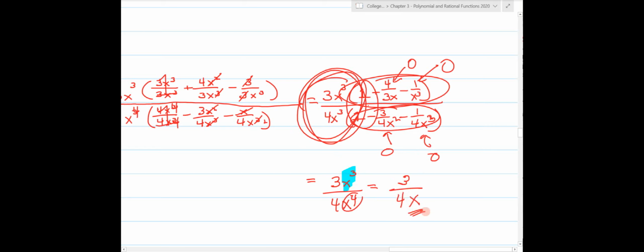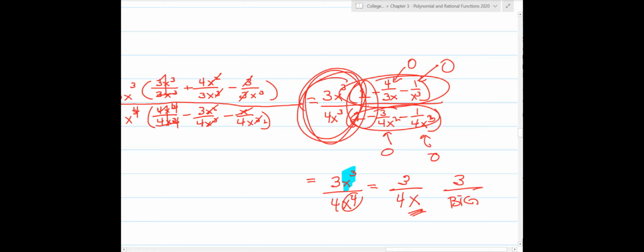So now what happens when x becomes really big? You have 3 divided by a really big number. What's 3 divided by a really big number? Really small, getting closer and closer to what? 0.